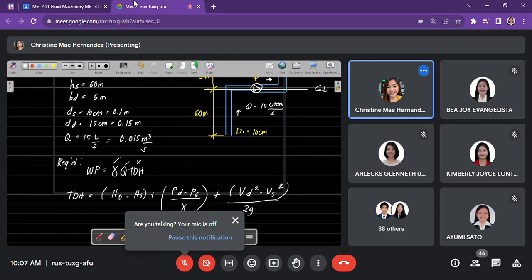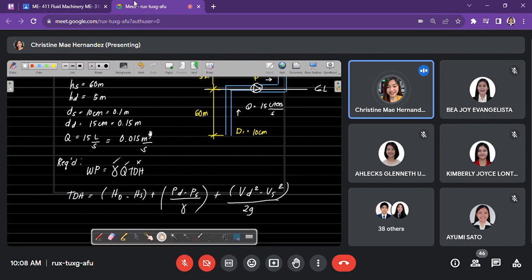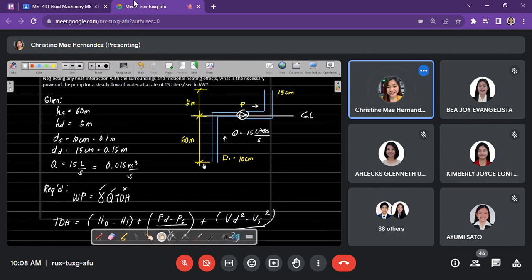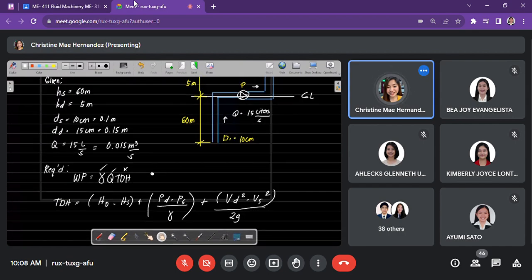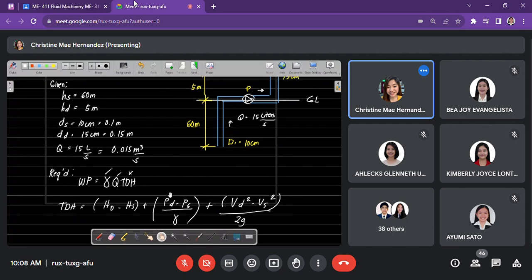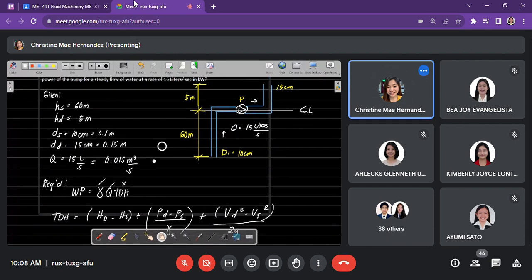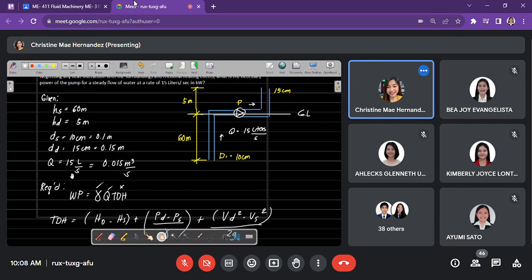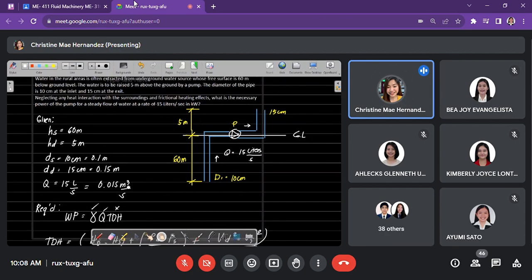Okay? So, ngayon, meron ba tayong elevation head at the discharge? Yes po. Ito po, 5 meters minus yung ating suction head na 60 plus yung pressure natin. So, meron bang pressure na given? So, wala po.